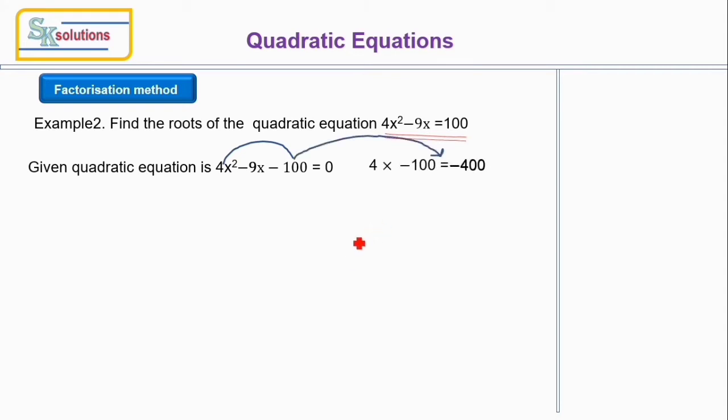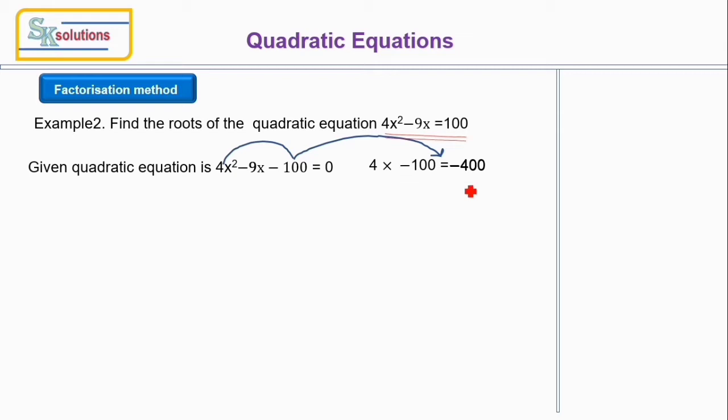Now in the last question we had minus 5, a small number, so we could write all the possible factors of minus 5. Here this is a bigger number, so we cannot write all the possible factors, it is too time taking.